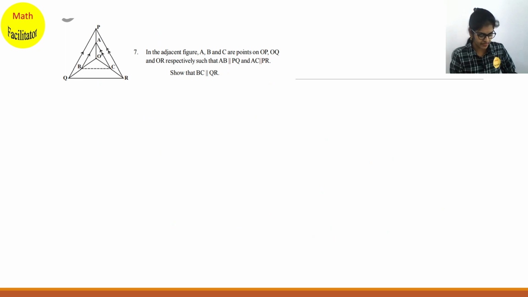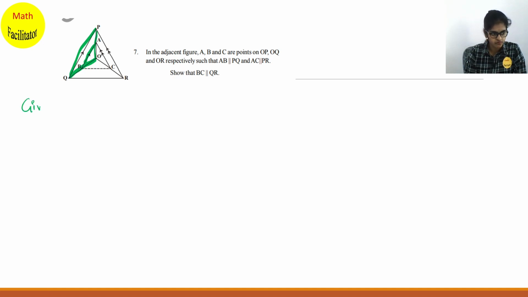Now question number 7. In the given figure, A, B, C are points on OP, OQ and OR respectively such that AB is parallel to PQ. See here, AB is parallel to PQ. So which triangle? This is the triangle. Okay, so let us take the triangle first. See here.